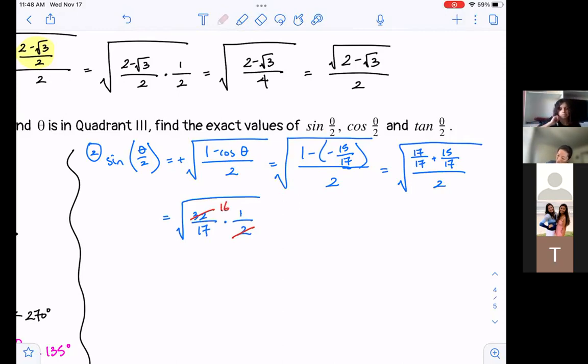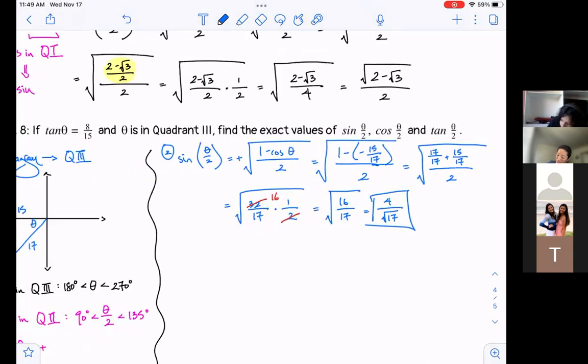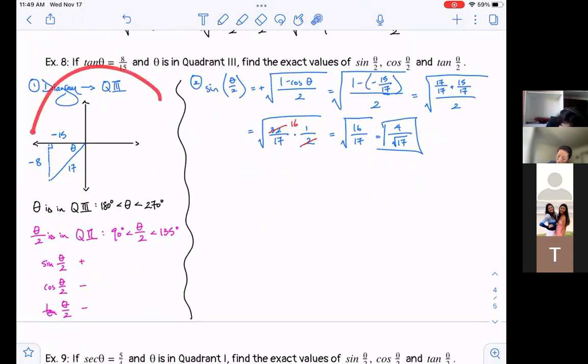Beautiful. All right, so we get the square root of 16 over 17, which we can say is 4 over a square root of 17. Okay. So that's how we work through the sine half angle. Very similar to the double angle one, except there's just a little bit more decision making up front. Okay.